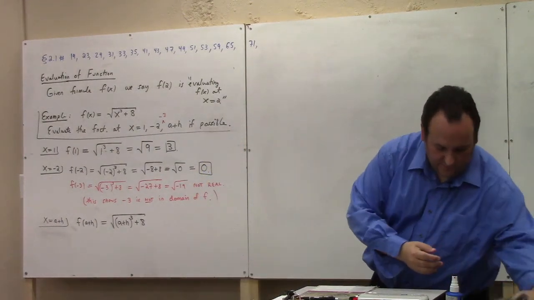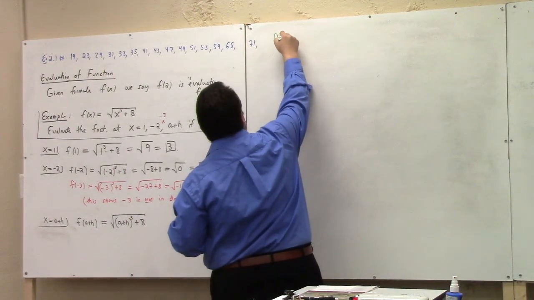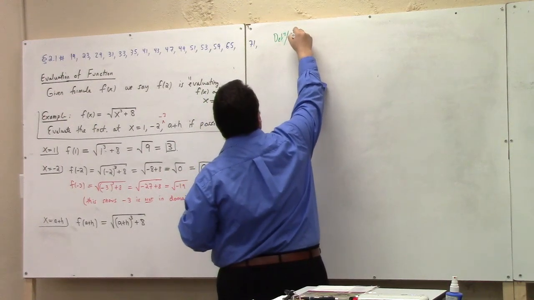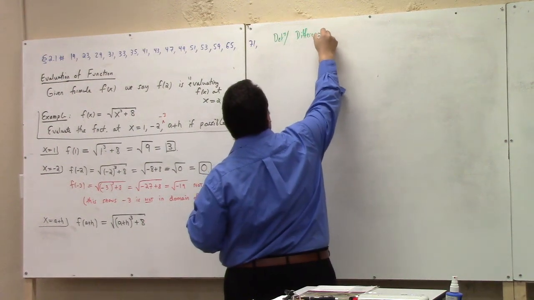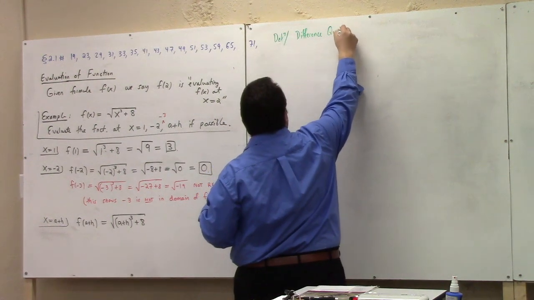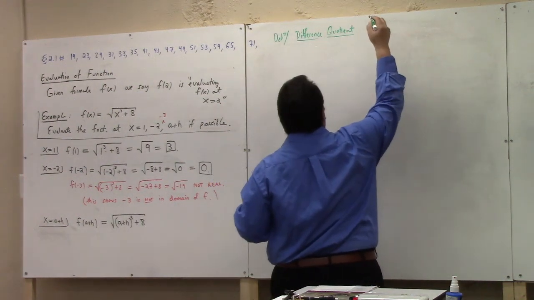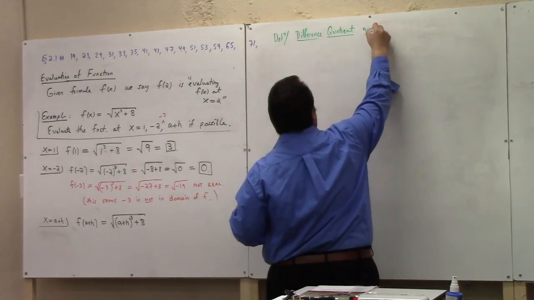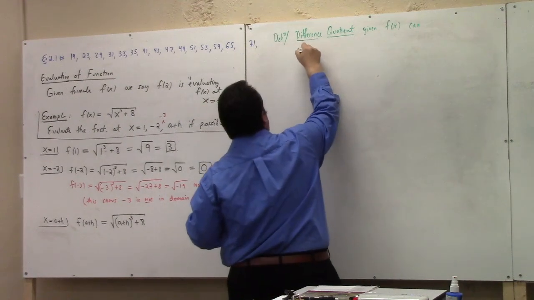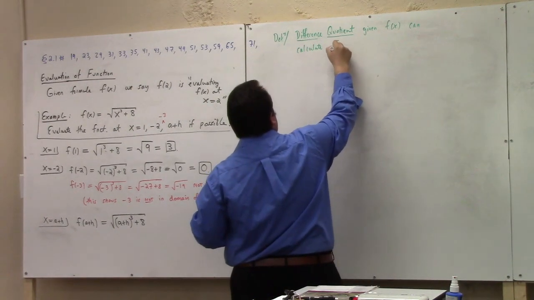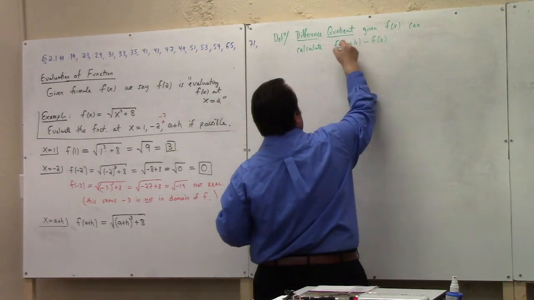So I should introduce a couple things to you, right? So definition, the difference quotient. Given f of x, you can calculate f of a plus h minus f of a, divided by h.